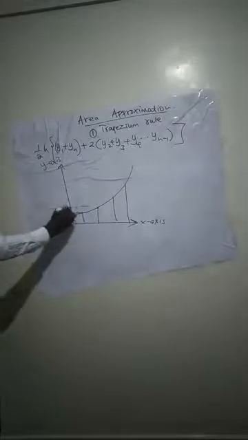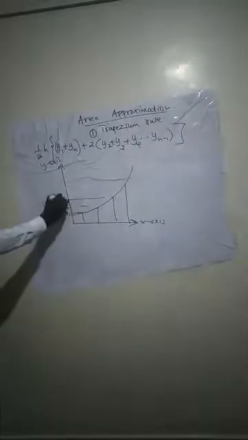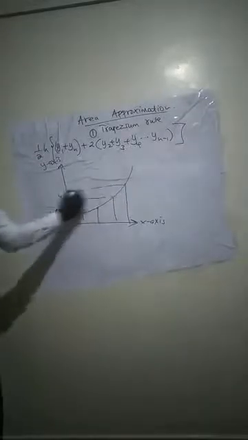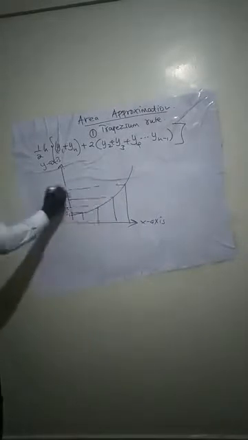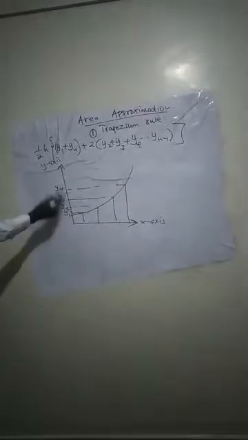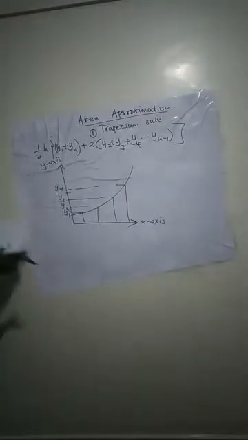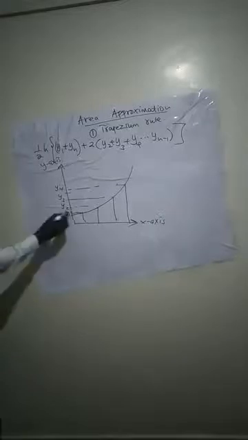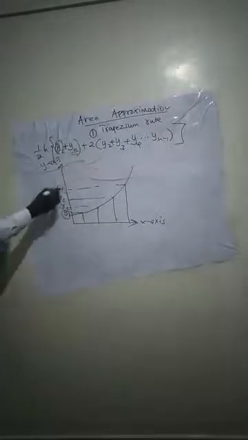In this case, you have y2, you have y3, and y4. So if you are to consider these in the formula, we are basically saying that y1 is the first value of y, and yn is the last value of y, so we have y4.